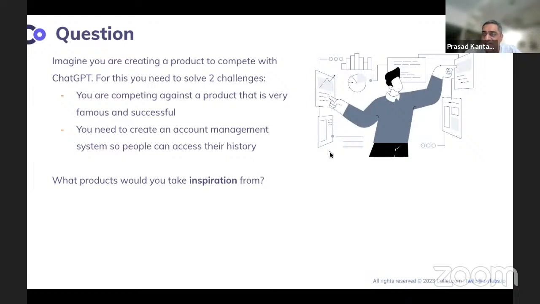Where will you go? Go ahead, Achyut. Sir, I might not be able to clearly point on the part, how do I catch attention against a very famous product. But for the second part, if it is account management so that people can access their history, what I would prefer to do is refer to websites like Mobbin and Page Flows, where there are existing solutions.